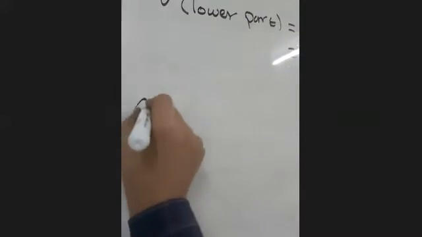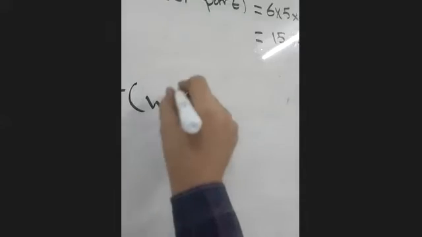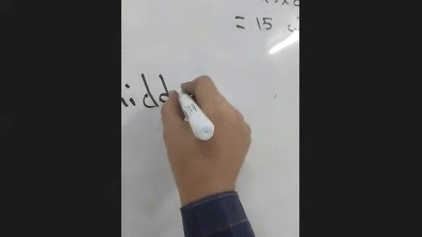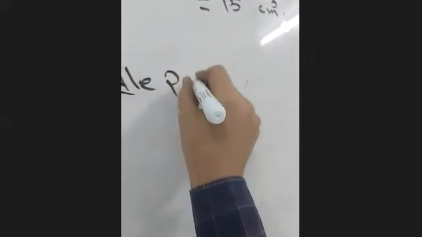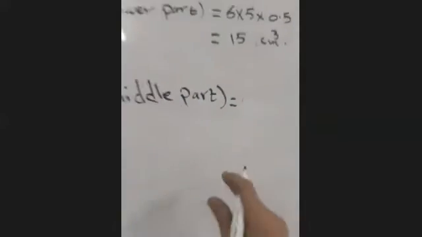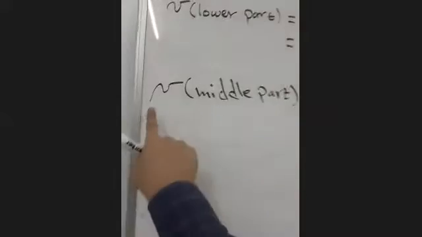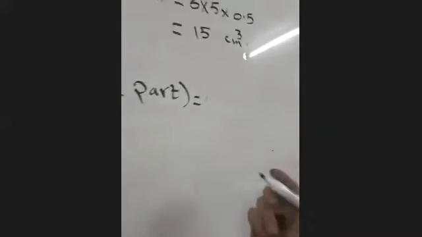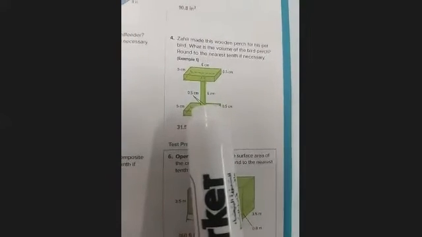Now let's find the volume of the middle part. Also, it is a rectangular prism, length by width by height. The length and the width are the same, 0.5. If you see, they both have 2 lines here for the 0.5 for the length and the width. The height of it is given, 6.